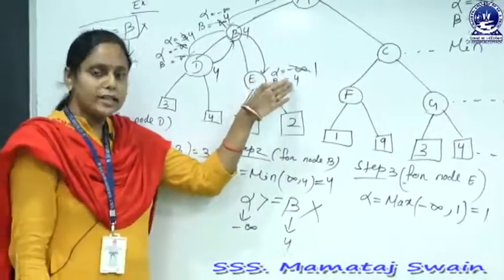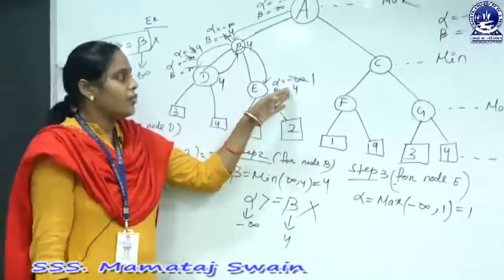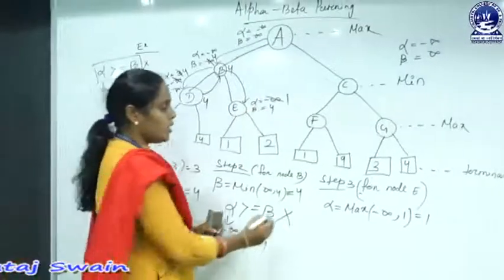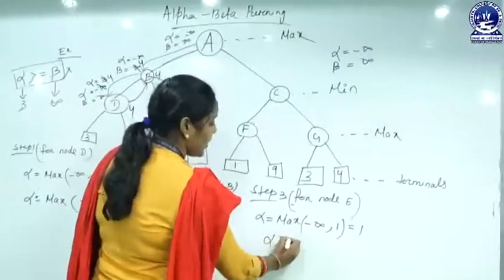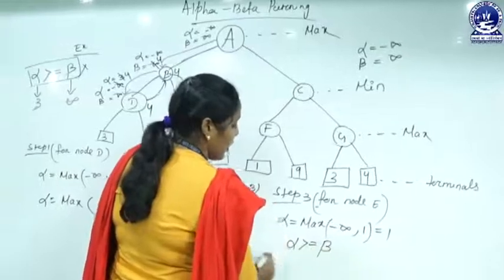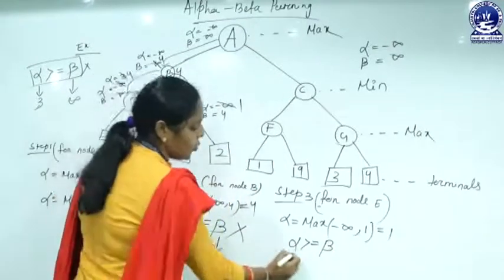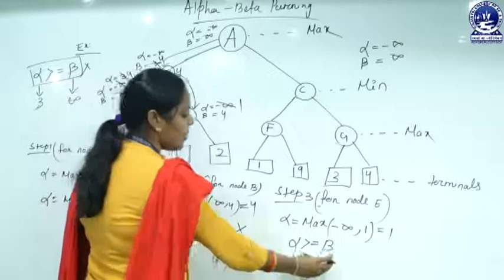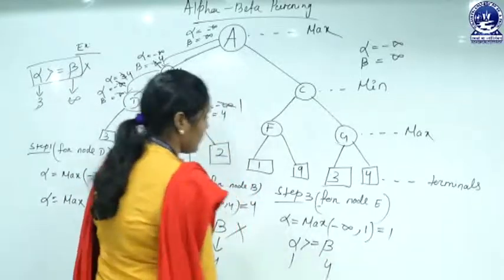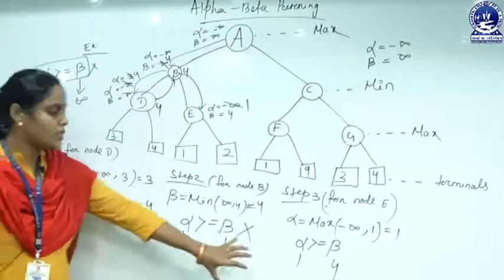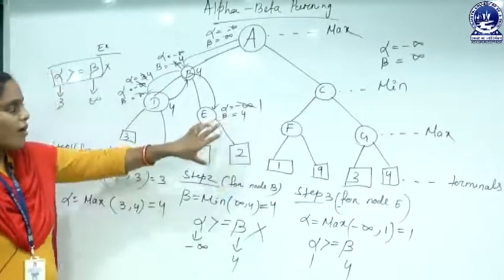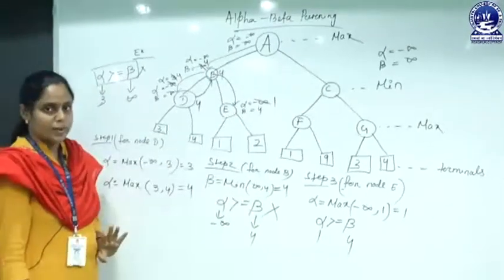After updating this alpha value, then again we check the condition. The condition is that alpha greater than or equal to beta. Now here alpha value is 1 and beta value is 4, which means our condition does not satisfy.